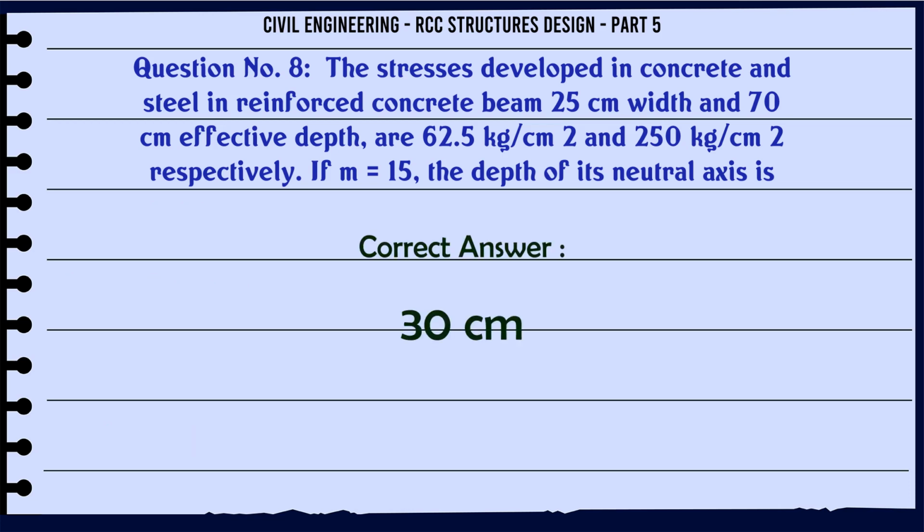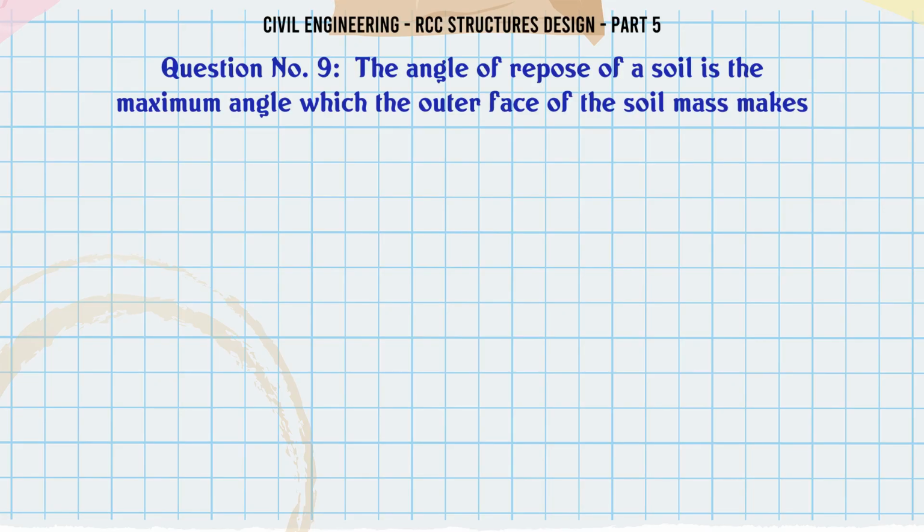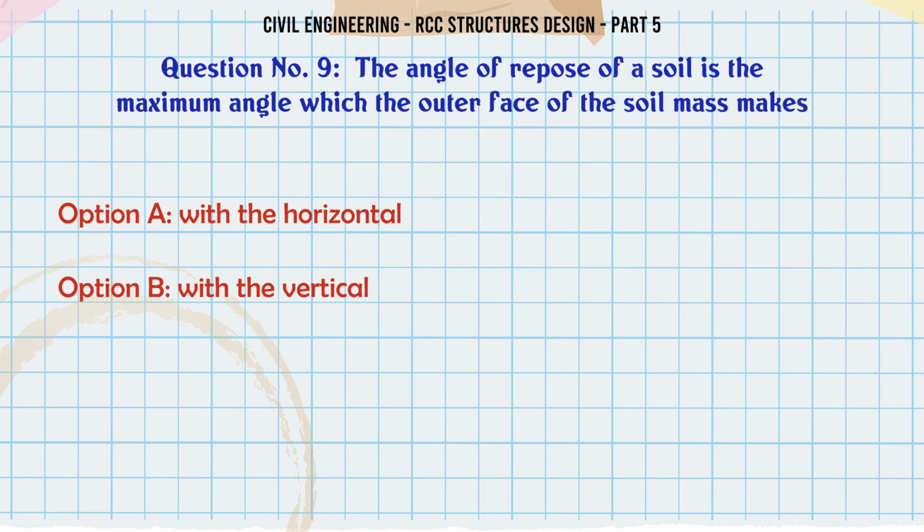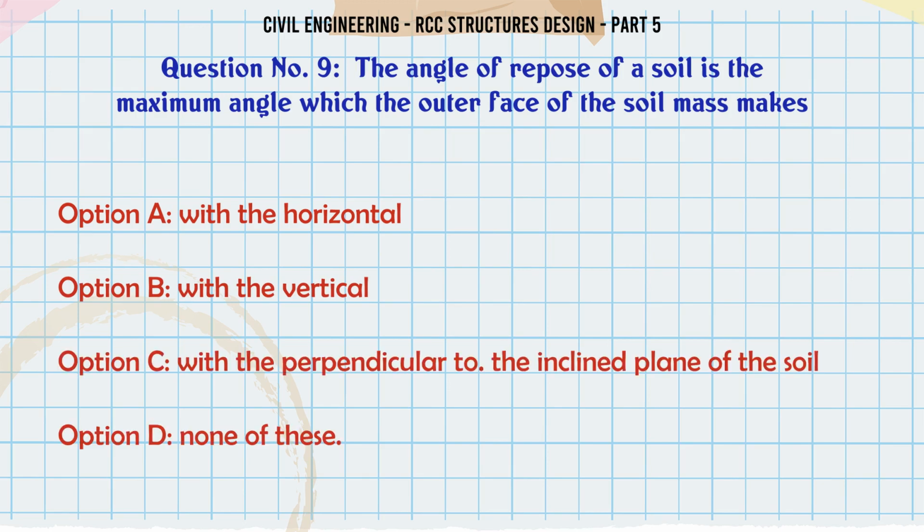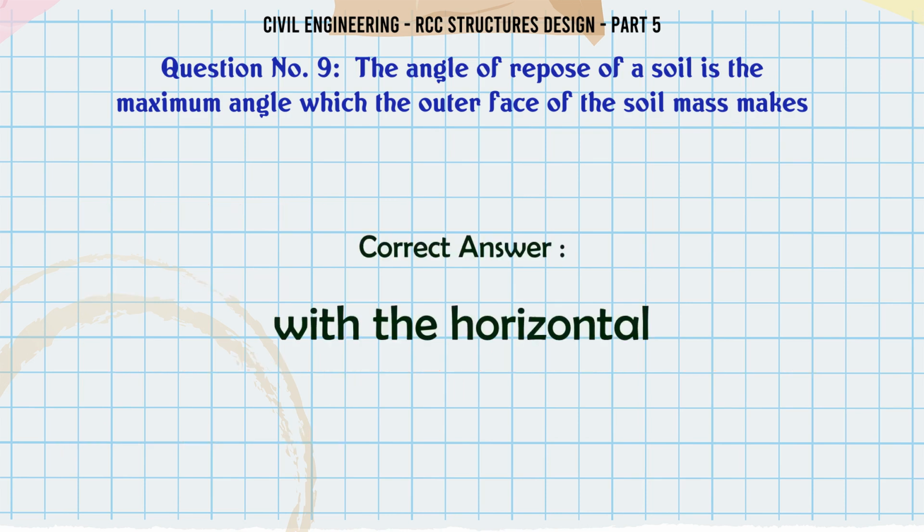The correct answer is 30 cm. The angle of repose of a soil is the maximum angle which the outer face of the soil mass makes A with the horizontal, B with the vertical, C with the perpendicular to the inclined plane of the soil, D none of these. The correct answer is with the horizontal.